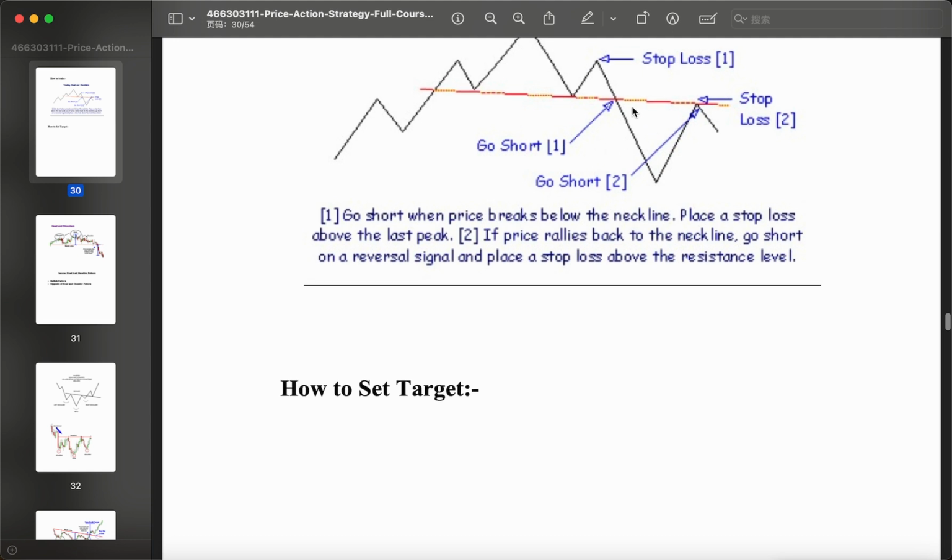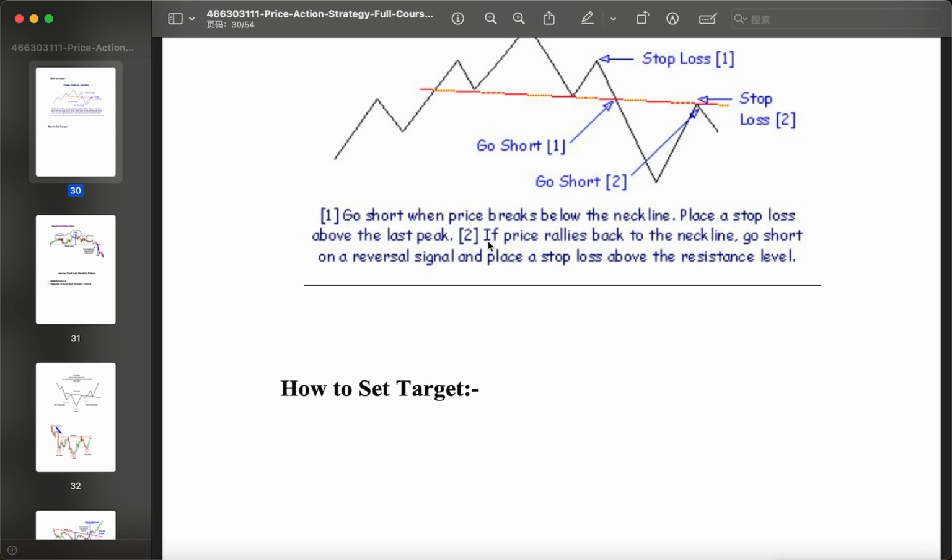Like in this case, it goes back to the neckline, and if you are short and then you go long, you're doing both directions, and then you're hitting that neckline. Sometimes you don't know where to place that trade, and if you do not take profit in time, you end up losing money here. So my advice is to try to trade only one direction. That's how you keep profits.